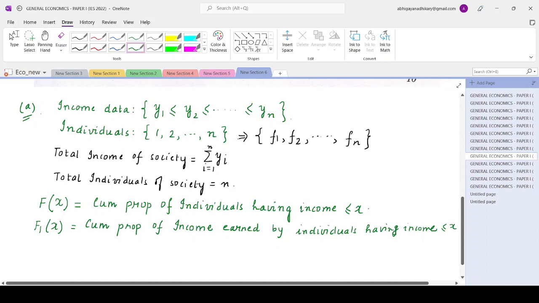Okay, so the first one is what is the share of people who are earning that income, and the next ratio is what is that exact proportion of income that we are looking at.